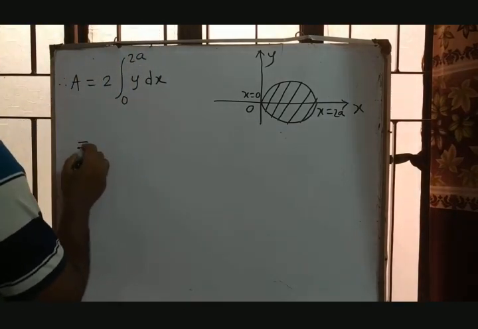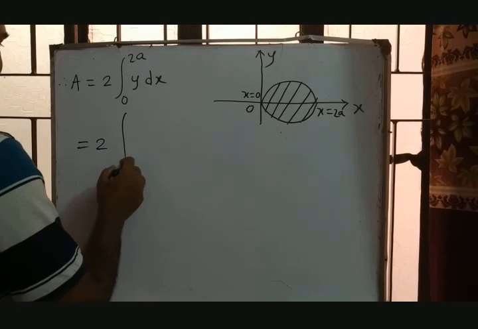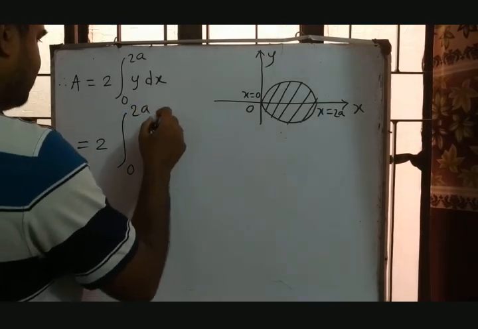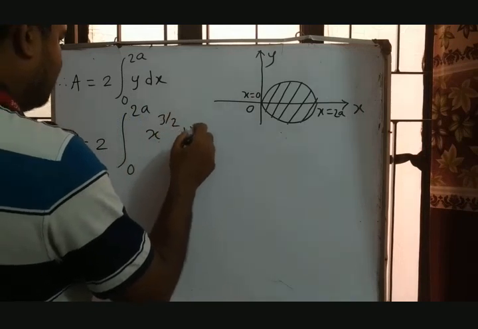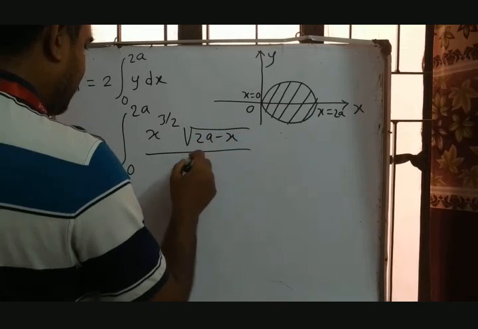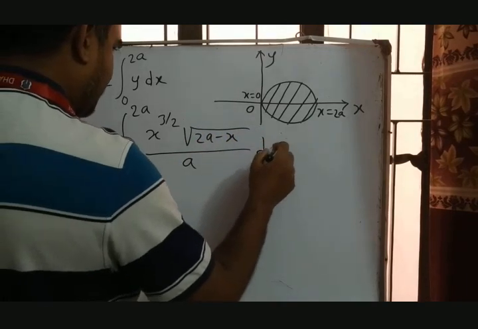Now we have to put in the value of y: 0 to 2a, x to the power 3 by 2 root over twice a minus x by a dx.